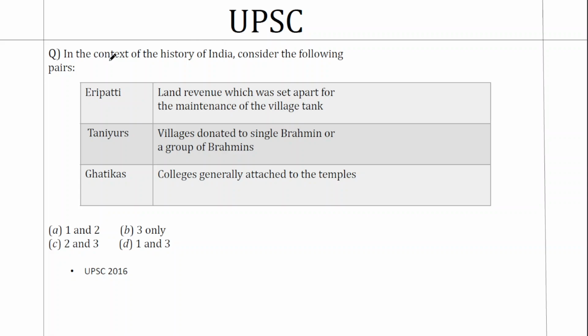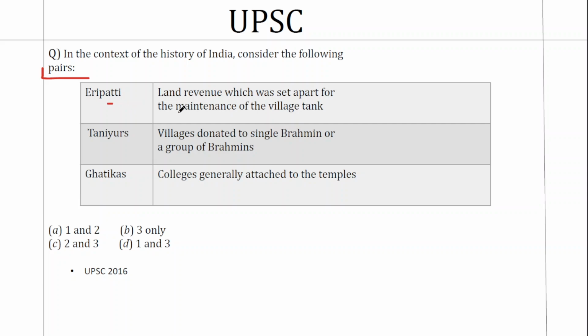The first question: in the context of history of India, consider the following pairs. It's a match-the-following. You have three terms on the left hand side and their explanations on the right hand side. So it's a classical terminology-based question. You just have to figure out what each term means.